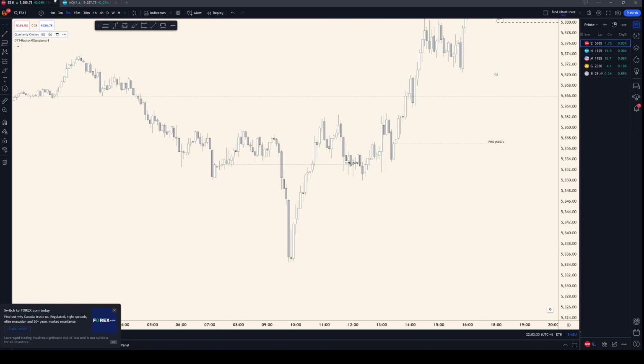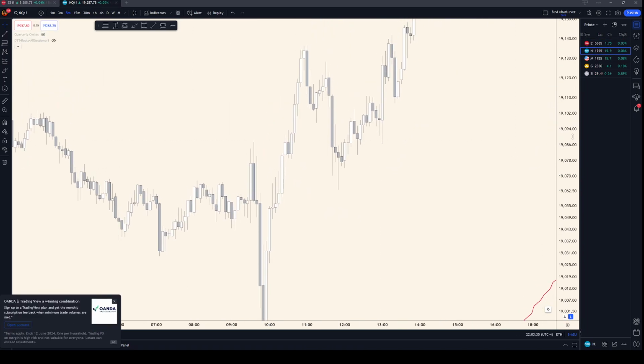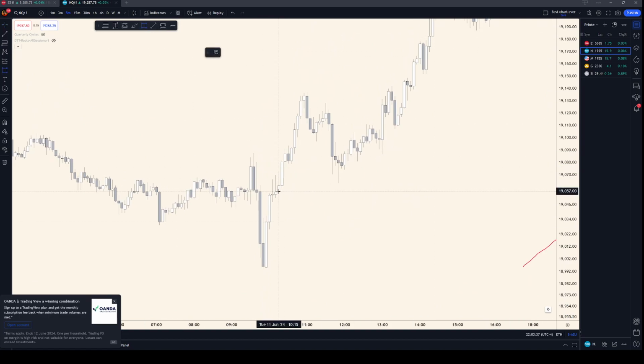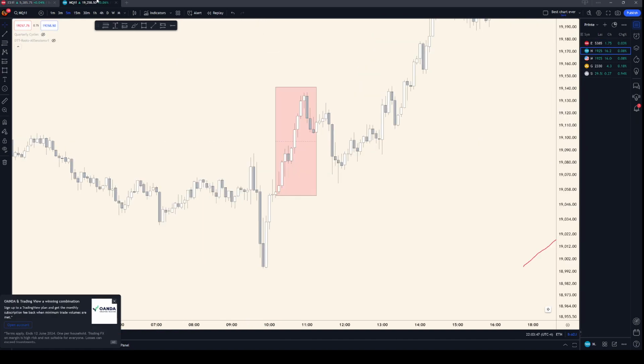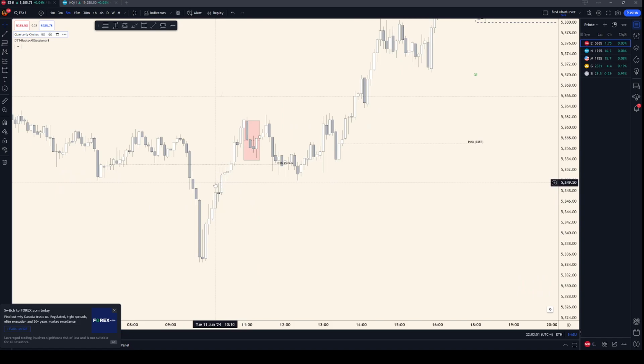Yeah, so in this fragment from around 10 a.m. you can see that Nasdaq was shooting upward, but ES was trying to go lower. Let's see, 10:10. Oh no, ES was down here.